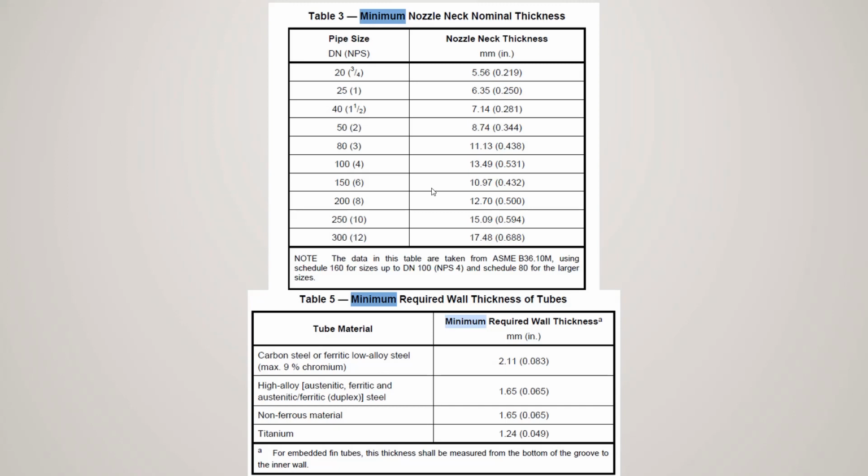So automatically, if it is a G embedded fin tube construction, for carbon steel the minimum thickness will be 2.41 and for high alloy steel 1.95, because the groove depth is 0.3 mm maximum, which is 0.25 plus or minus 0.05. So another 0.3 mm has to be added for the minimum thickness.